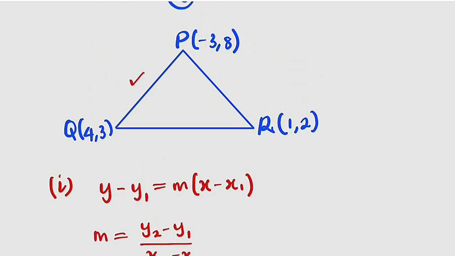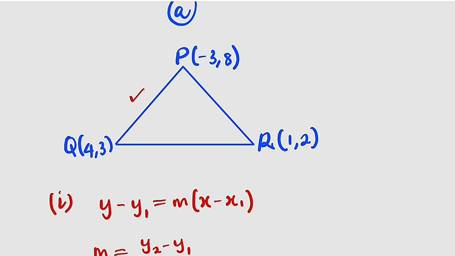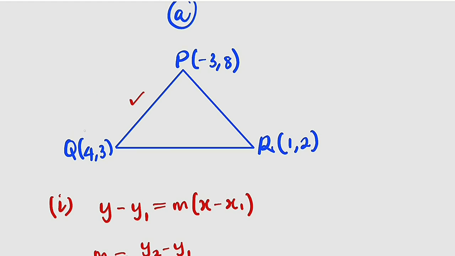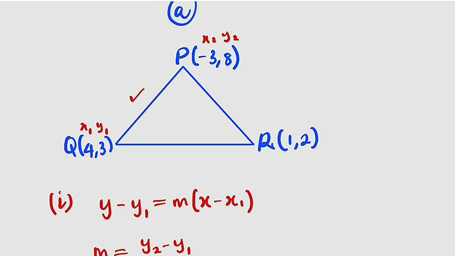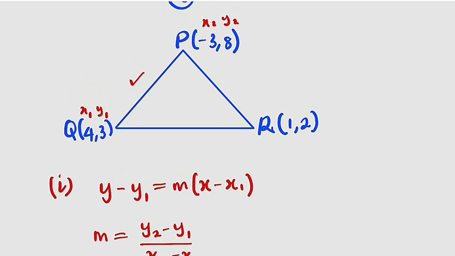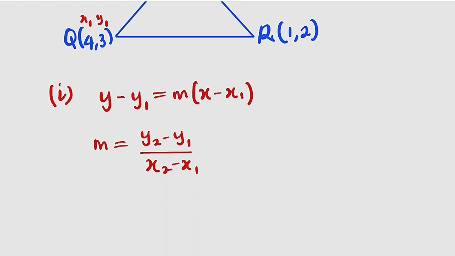So you would like to decide which one should be x1 and x2. Okay, let me call this one x1. Let's call this one y1. Let's call this x2. Let's call this y2. So to substitute, we are going to take 8 minus 3 divided by negative 3 minus 4.